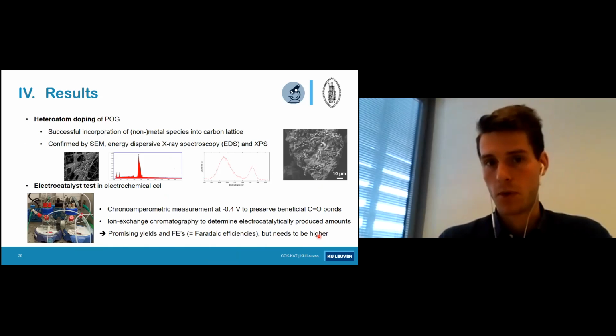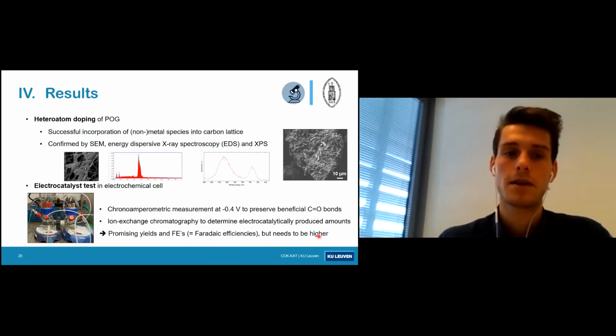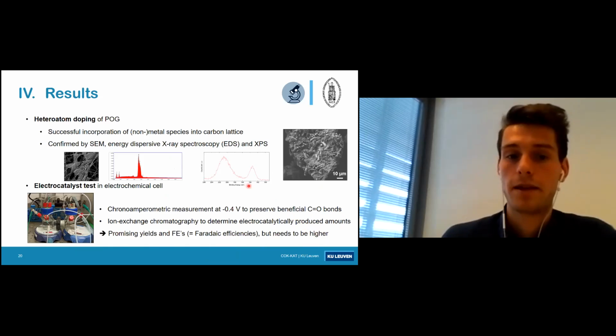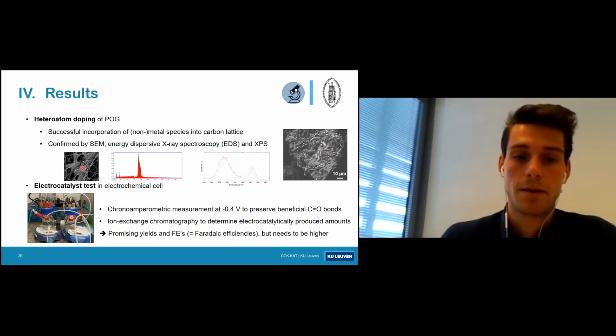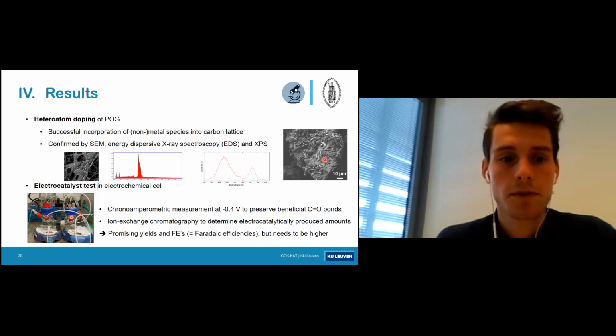So this product, POG, is then doped by heteroatoms. We have shown by different techniques that there was a successful incorporation of metal and also non-metal species like boron into our carbon lattice. This is shown by SEM, for example, here the graphite fibers or graphite particles.